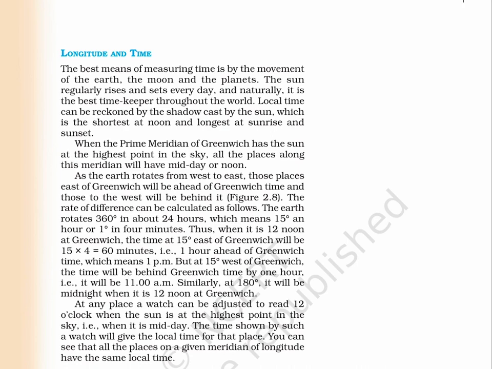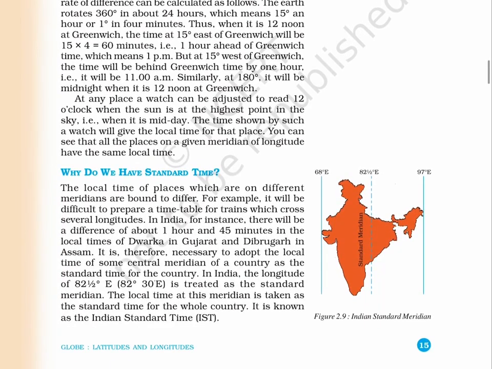The Earth rotates 360 degrees in about 24 hours, which means 15 degrees an hour or 1 degree in 4 minutes. Thus, when it is 12 noon at Greenwich, the time at 15 degrees east of Greenwich will be 15 multiplied by 4, that is equal to 60 minutes, that is 1 hour ahead of Greenwich time, which means 1 p.m. But at 15 degrees west of Greenwich, the time will be behind Greenwich time by 1 hour.